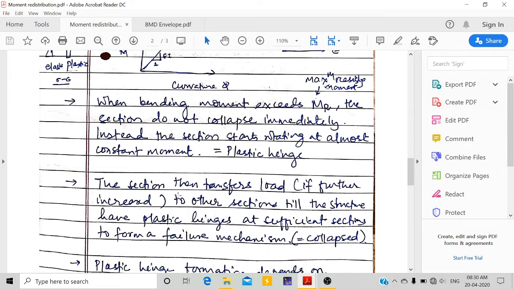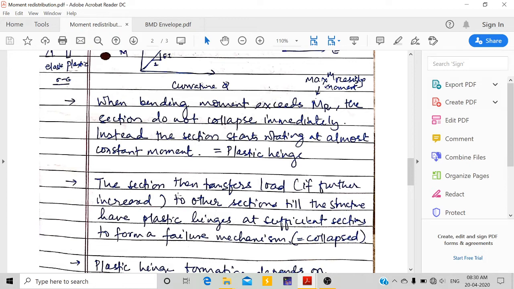If there are two supports, one simply supported, the maximum moment is at the center, so the hinge will form there first.